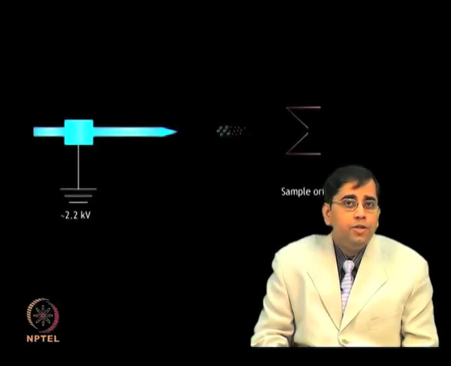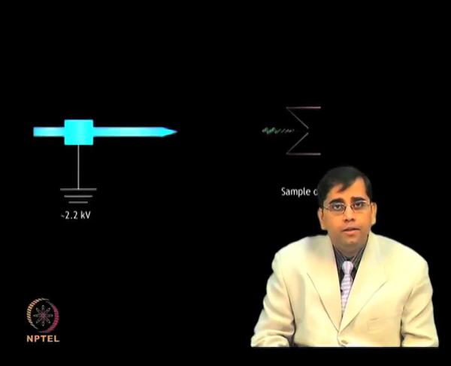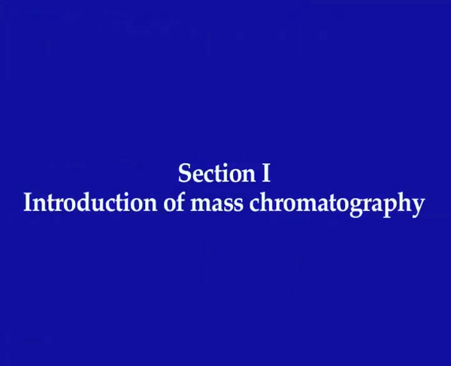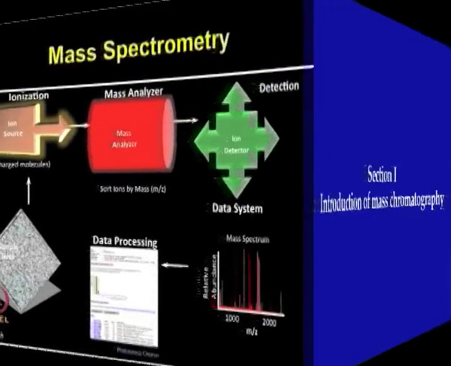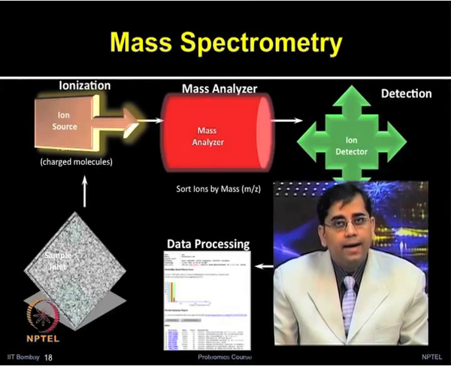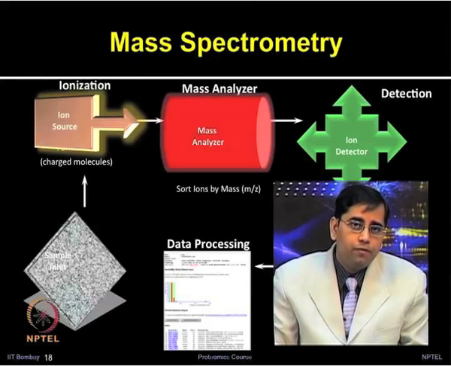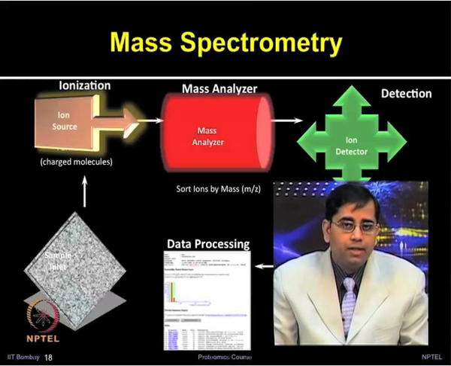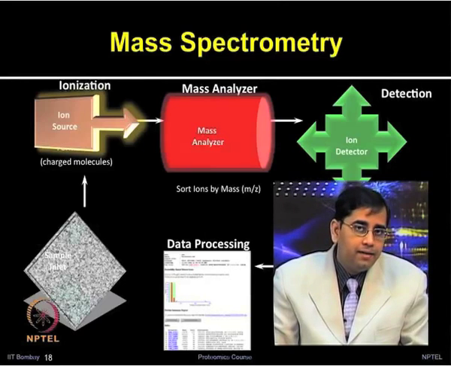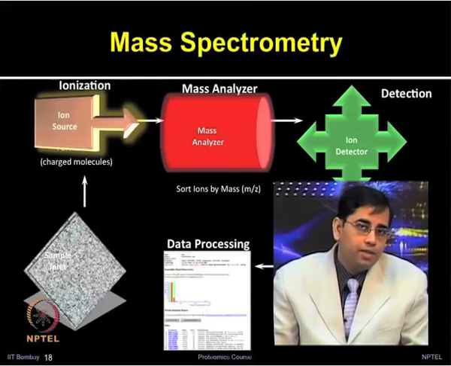The distinguishing feature of electrospray ionization is its ability to produce multiply charged species. Mass spectrometry is a technique for protein identification and analysis by production of charged molecular species in vacuum and its separation by magnetic and electric fields based on mass to charge ratio.